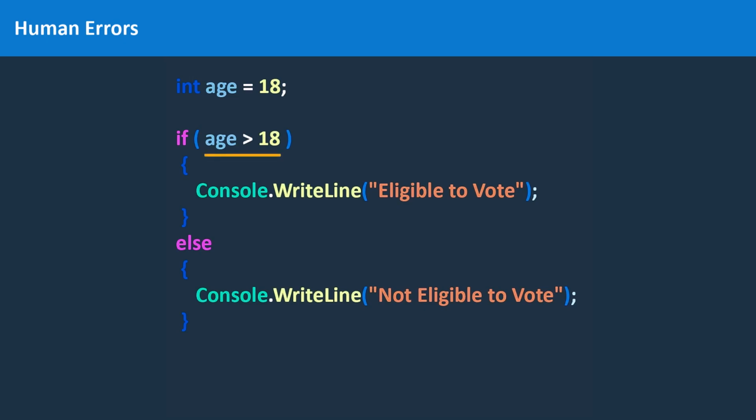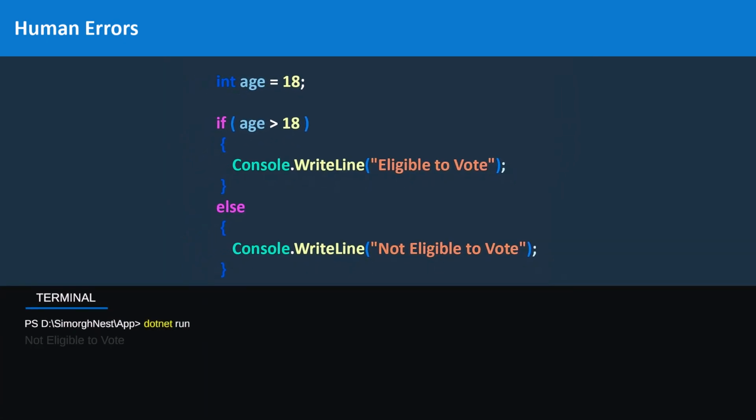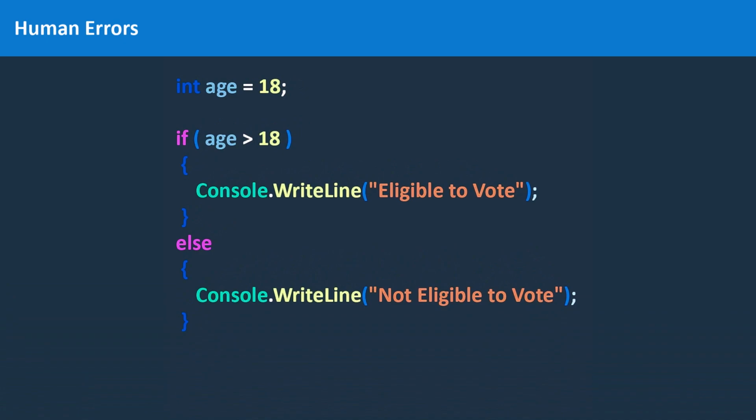During the implementation, the developer mistakenly uses the greater than operator instead of the greater than or equal to operator when checking the age. When the age is set to 18 and the program is executed, we incorrectly get not eligible to vote. To fix this logic error, the developer should utilize the greater than or equal to operator.